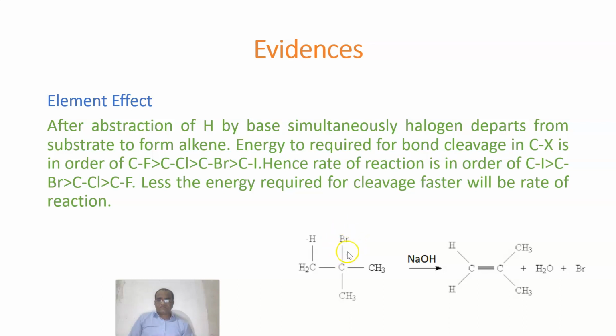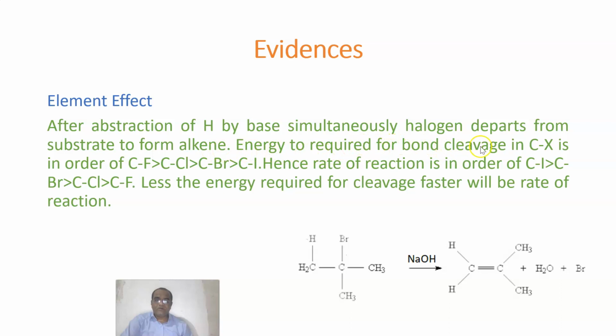As the halogen is removed, a pi bond forms, and after that it forms an alkene. The element effect is shown by the type of halogen. After abstraction of a hydrogen by the base, the halogen simultaneously departs from the substrate to form an alkene.